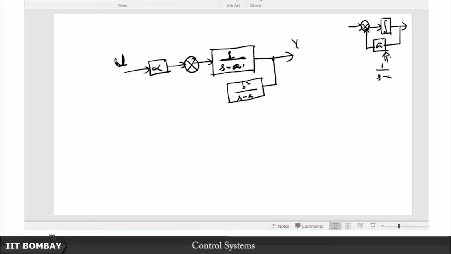Again this is a realization like this, only thing is that there will be a b squared sitting somewhere over here, whether you like it at the input side or the output side, it is up to you.